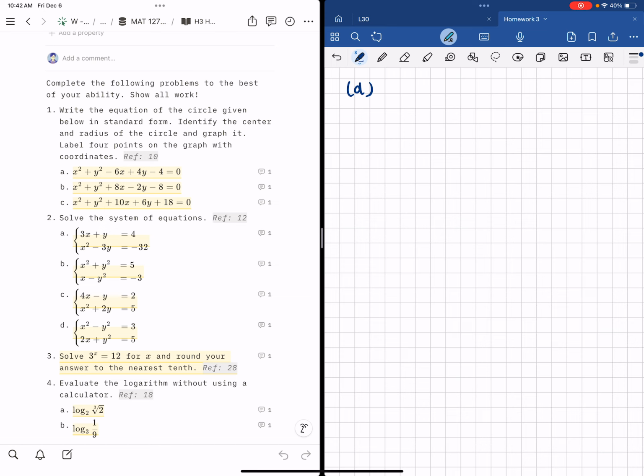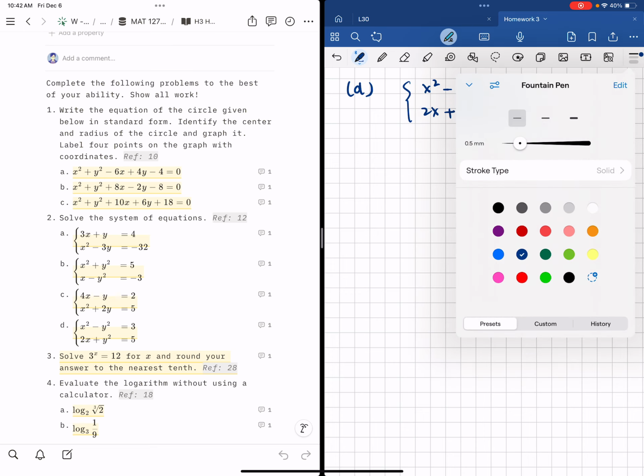Part D. Part D, we have x squared minus y squared equals 3, 2x plus y squared equals 5. Okay, so this one looks like part B, right? I have the positive y squared, negative y squared again. So I'm going to add them.